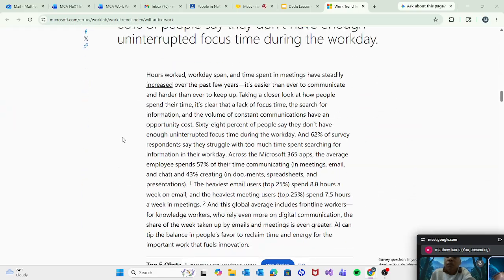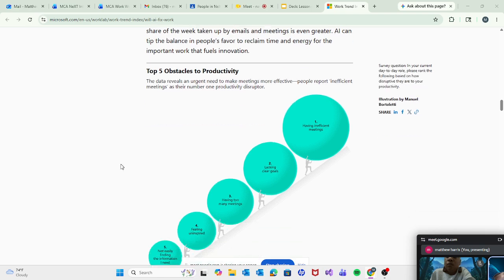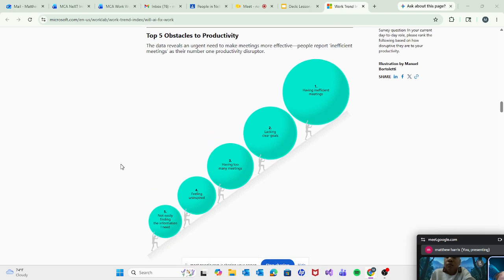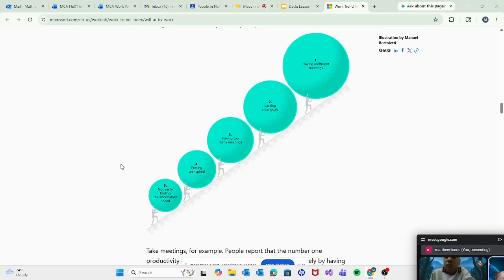And I think there was also, let's see, these were the obstacles from the study identified as the main obstacles to productivity. Having inefficient meetings. I'm sure you've been in inefficient meetings, and they also can go very long.